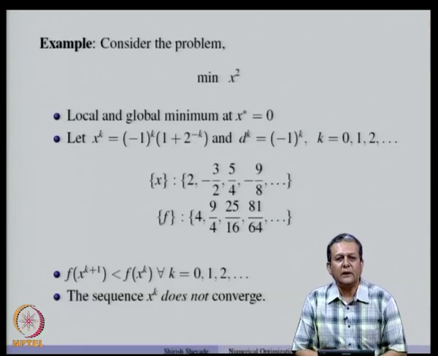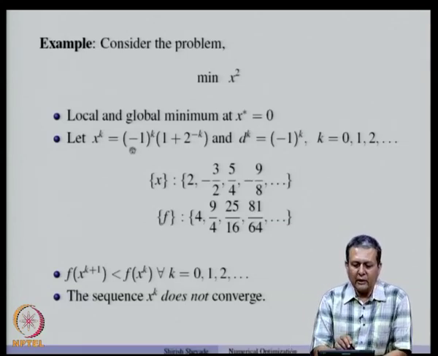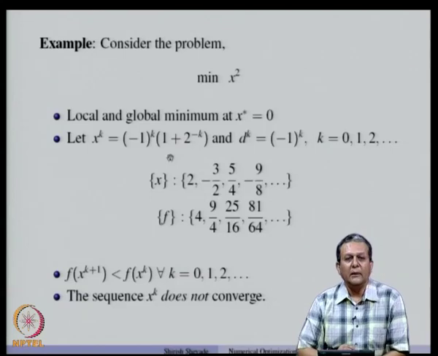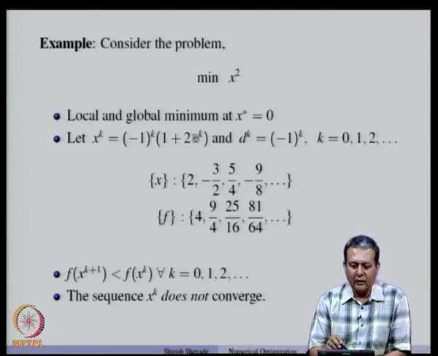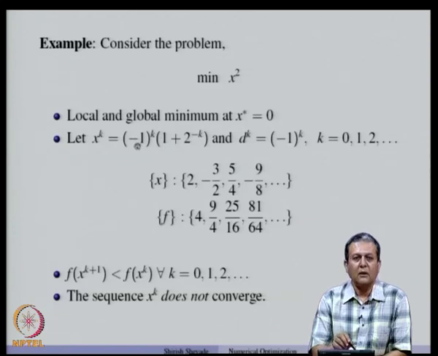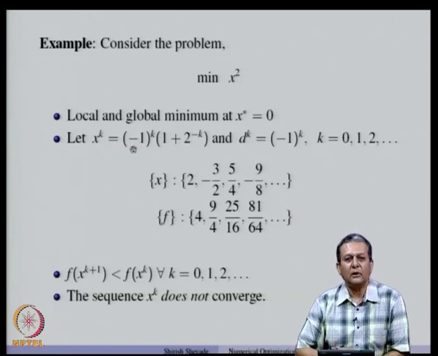You will see that the sequence, if we just look at it, as k tends to infinity, the second term goes to 1 and the first term keeps oscillating between minus 1 and plus 1.